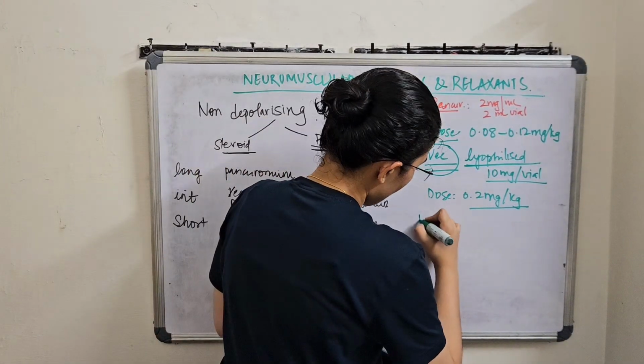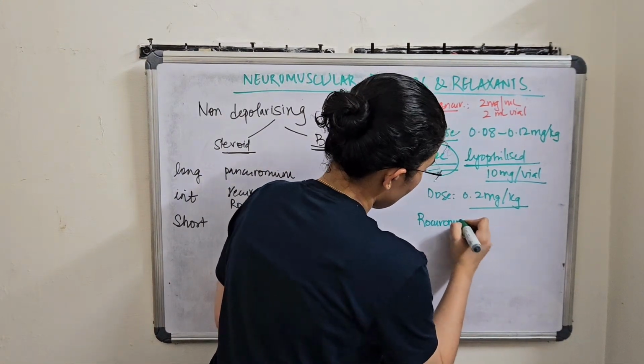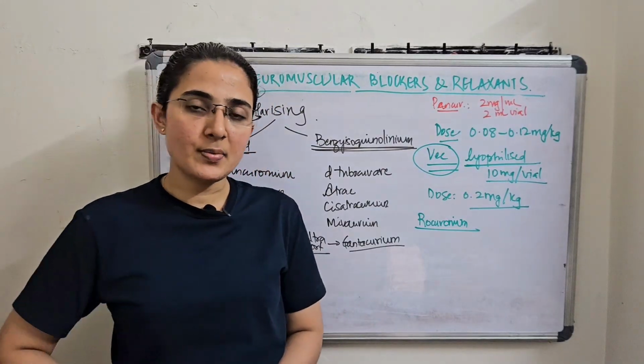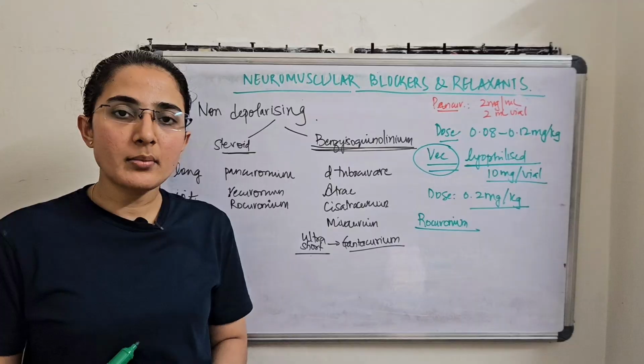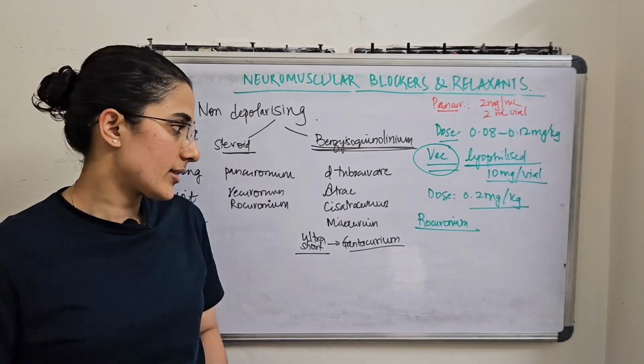Next we will come to rocuronium, which is very commonly used nowadays, and it has gained importance because of a reversal agent, especially Sugammadex. Rocuronium is also an intermediate acting steroidal non-depolarizing muscle relaxant.